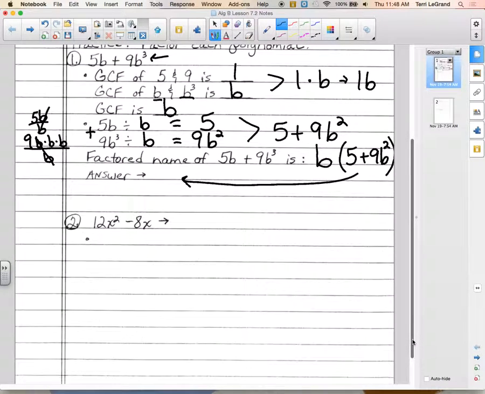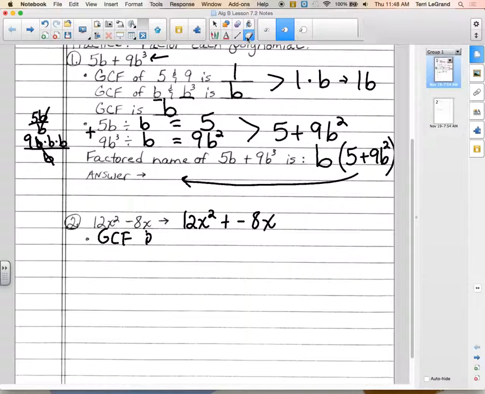Okay, first thing we're going to do with subtraction is we're going to change to add the opposite to help us be more successful. 12x squared plus negative 8x. We're going to show work by saying, first of all, what's the GCF of the number parts, 12 and negative 8.